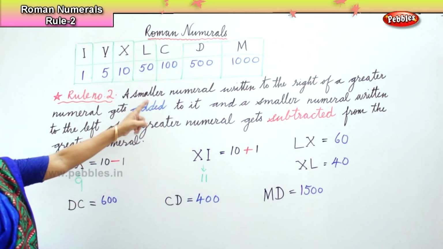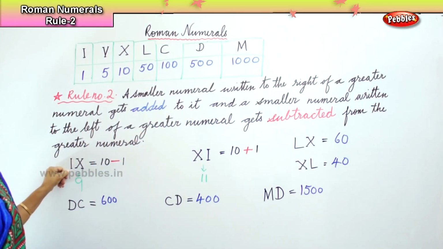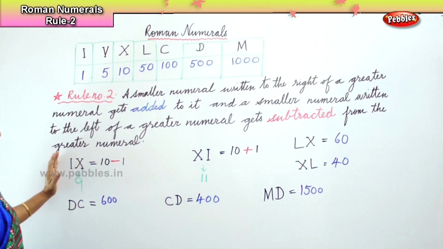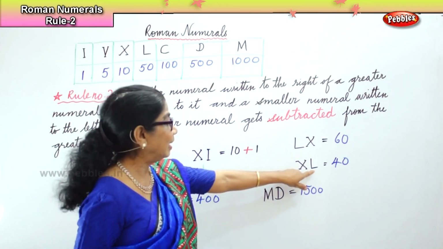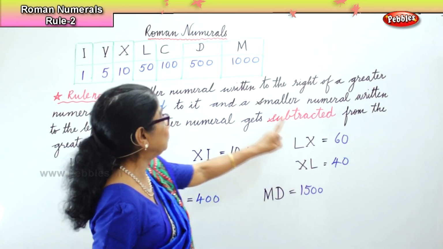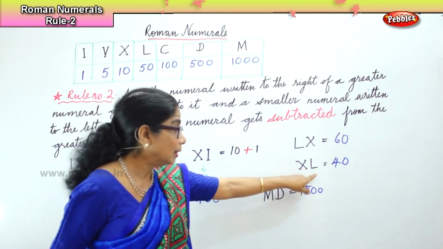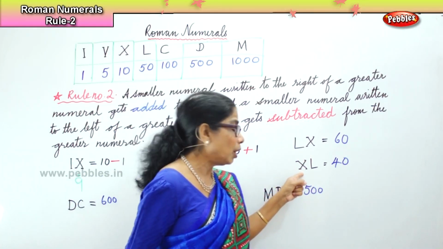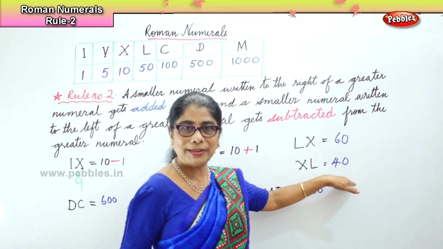Now, in the second case, a smaller numeral written to the left of the big number, 10 is big and the 1 is to the left, then that small numeral automatically gets subtracted. Again here you have 10 and here this is 50. A smaller numeral written to the left of the big numeral 50, this 10 gets subtracted from 50 and you get the number 40. Alright?